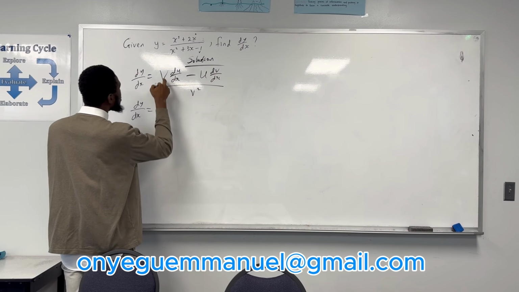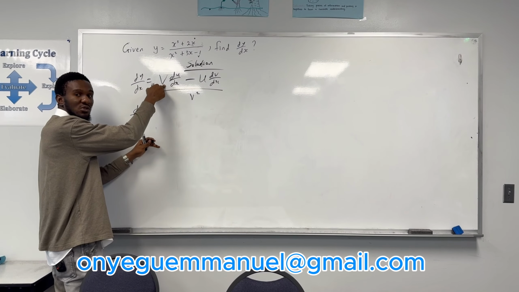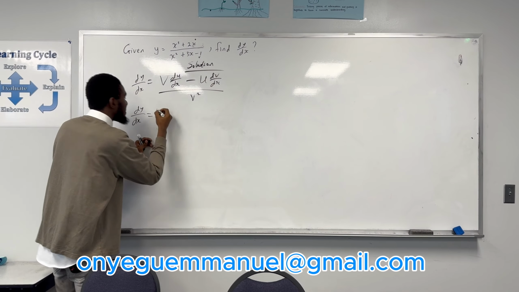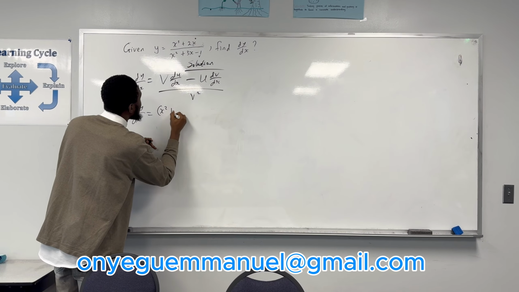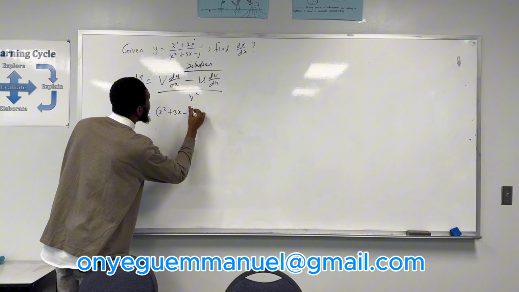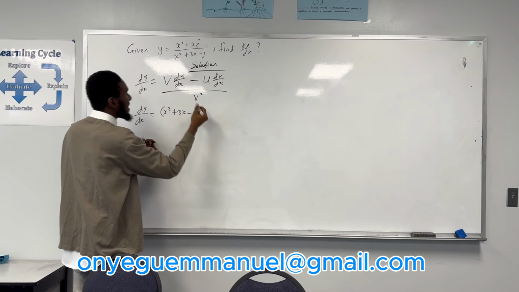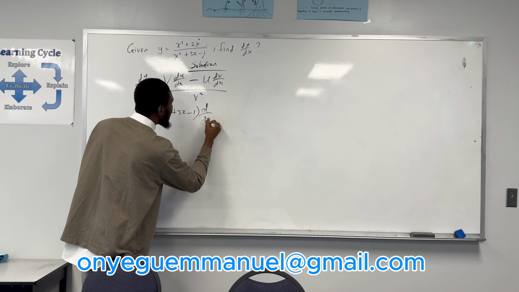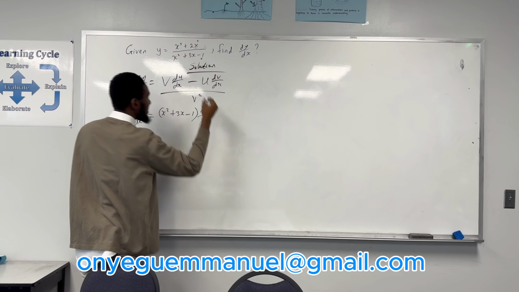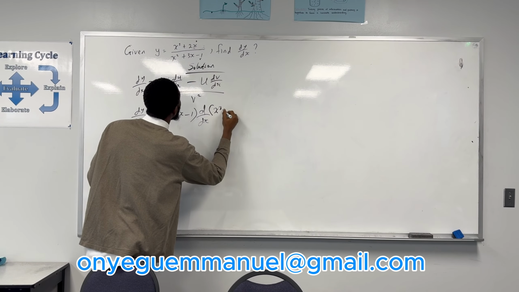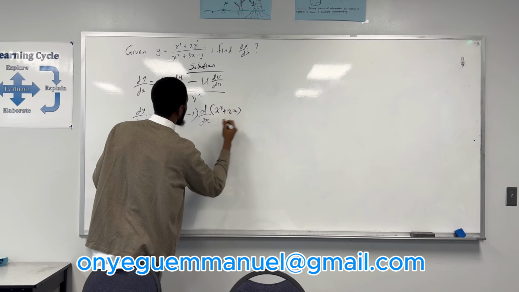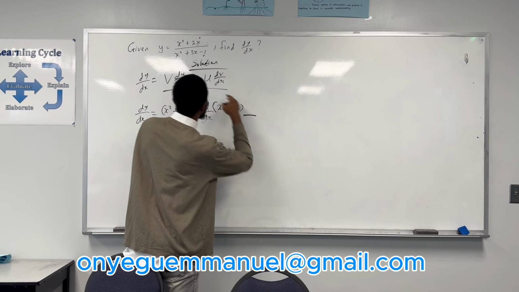So this is simply saying that dy/dx is equal to, write out what you have in your v, which is x squared plus 3x minus 1. Then differentiate u with respect to x, d over dx of x cubed plus 2x. Minus, what's our u?